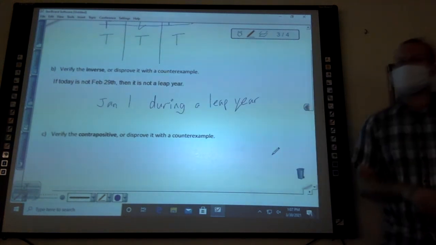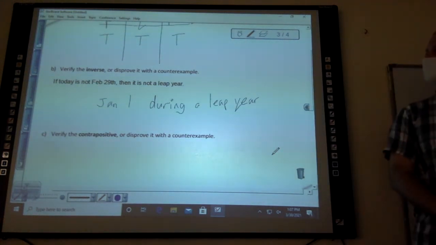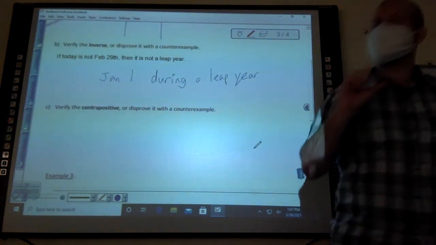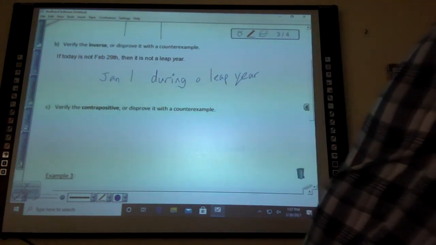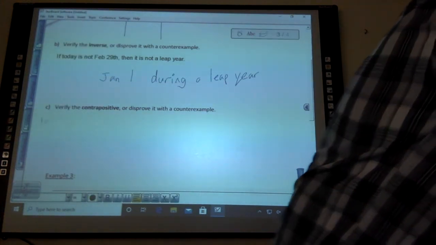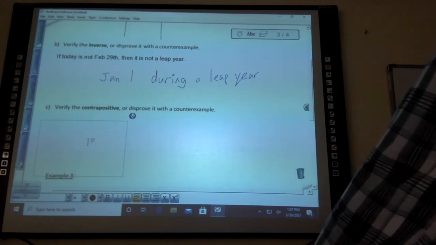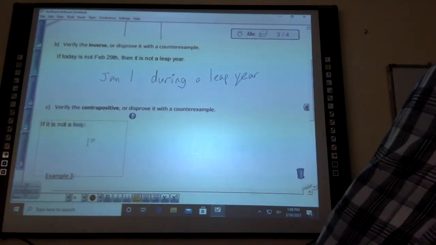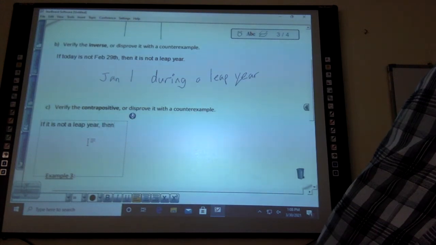Hopefully it does. So let's try the contrapositive. So the contrapositive is switch them both, make them both negative. So to do that, we'd say if it is not a leap year, then it is not February 29th.